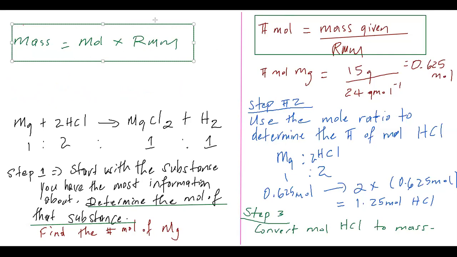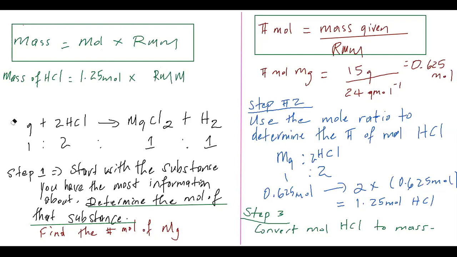We are interested now in finding the mass of HCl. For us to find the mass of HCl, we need the mole, which we just calculated to be 1.25 mole, and then we need to multiply it by the RMM of HCl.